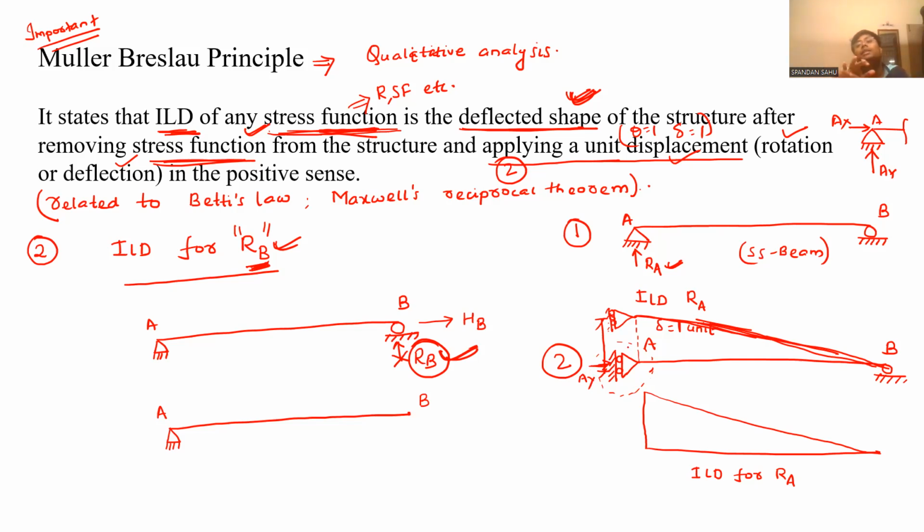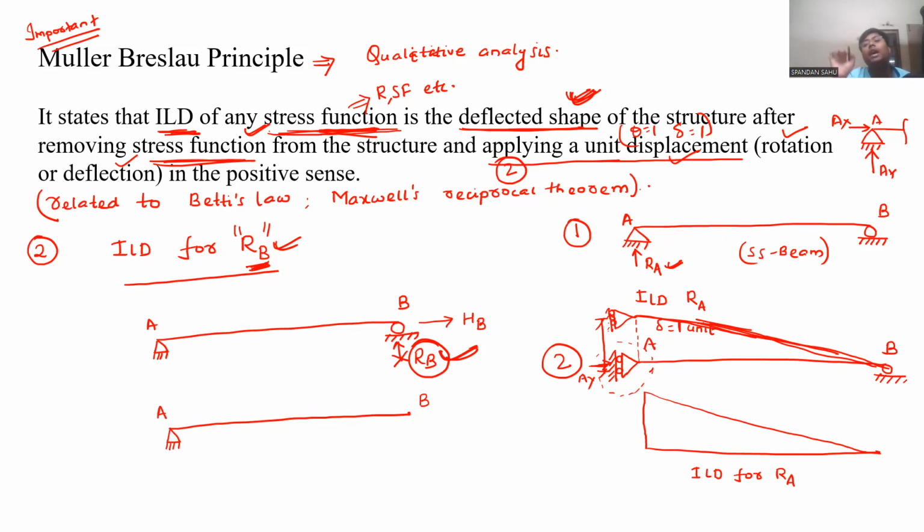That stress function is removed. After removing, you can give 1 unit displacement. But with this reaction, if it were there, can you move that support up, keeping it intact? No. So you have to modify this joint such that the stress function is released. After that is released, you just lift it by 1 unit.